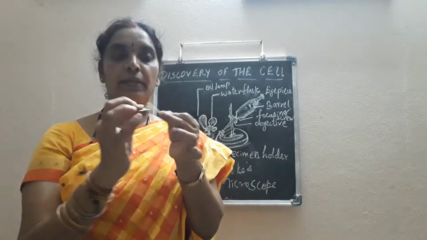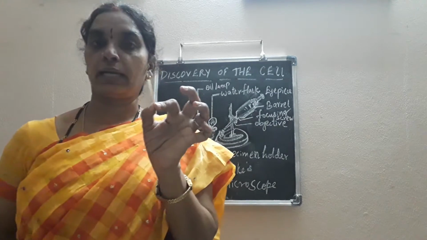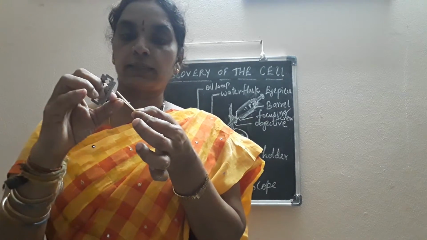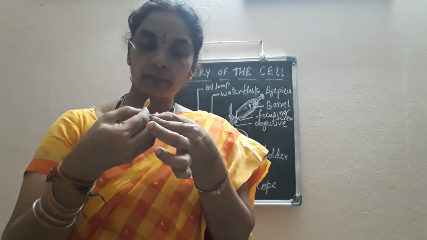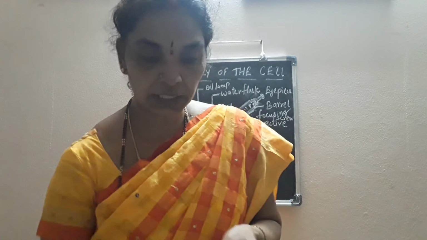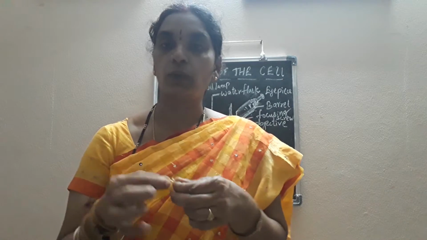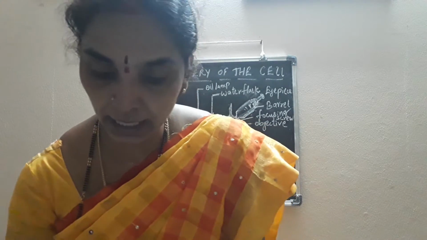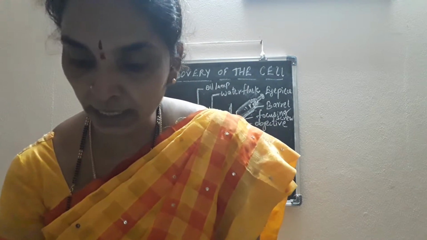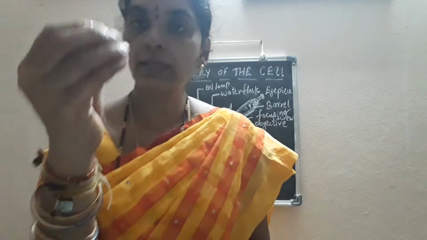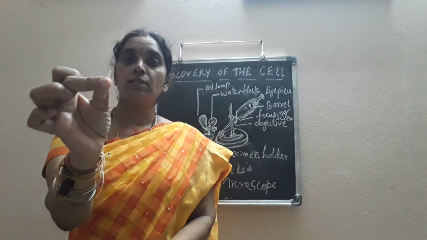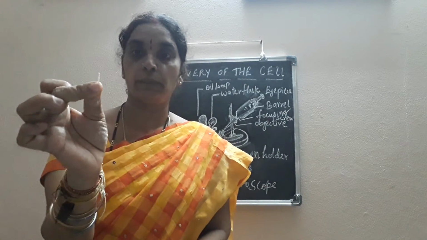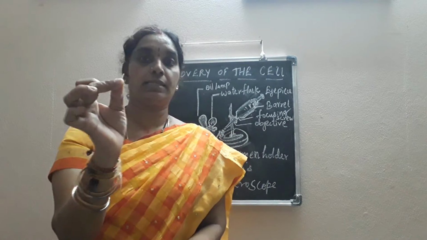See here, the stem is being cut. If you put this under the microscope, you can easily observe it. A very thin object is to be taken to be observed under the microscope to see its cells.